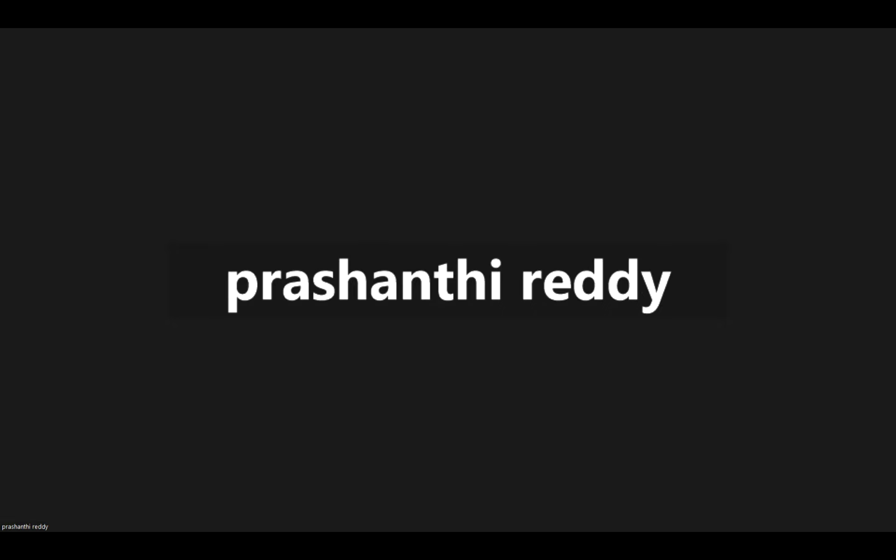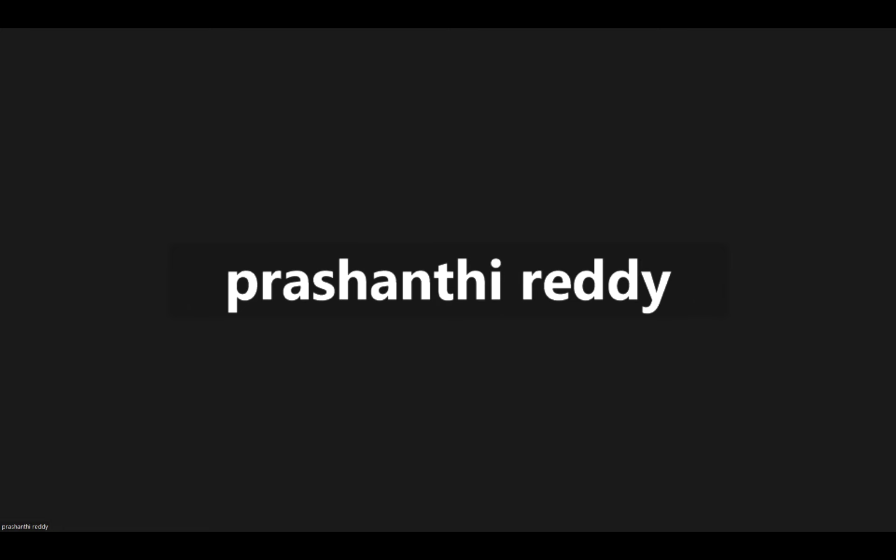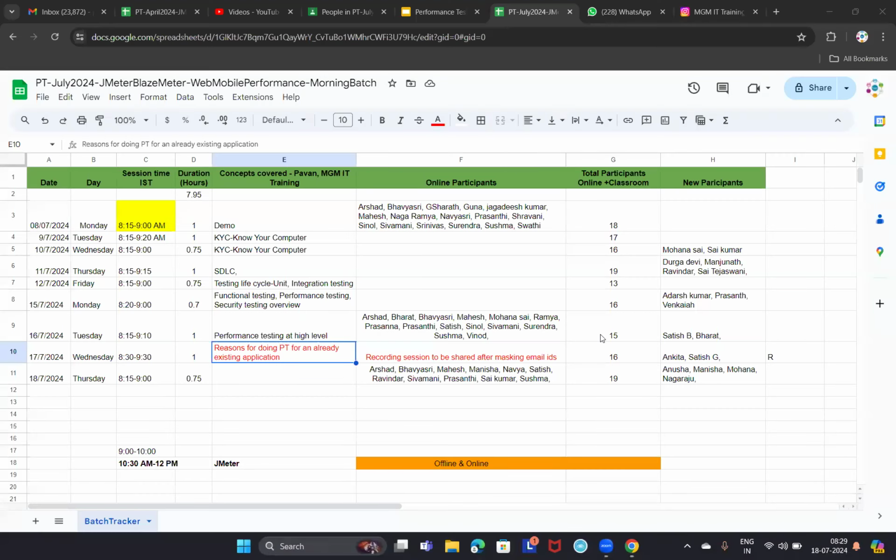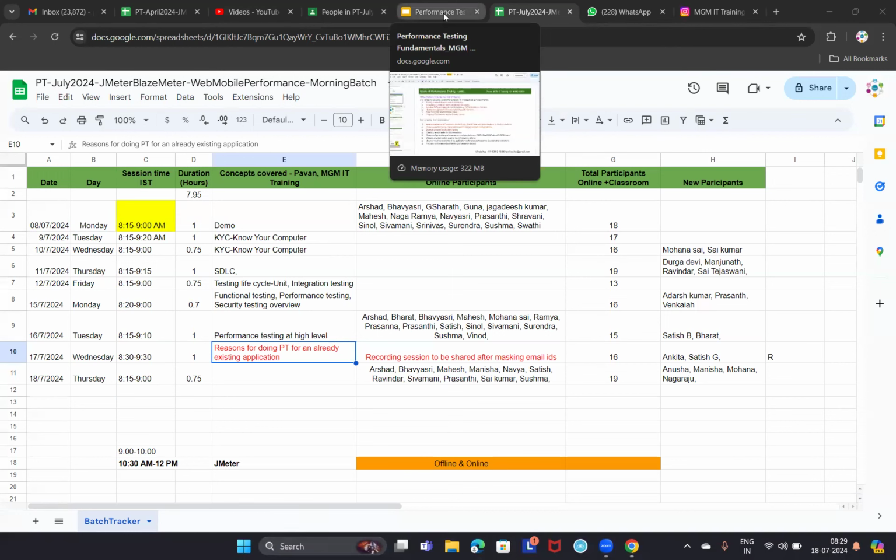Yes, sir. The four major factors for performance testing are speed, stability, scalability, and reliability. Speed is to check the application response, and stability is to check how stable the application is under expected load.